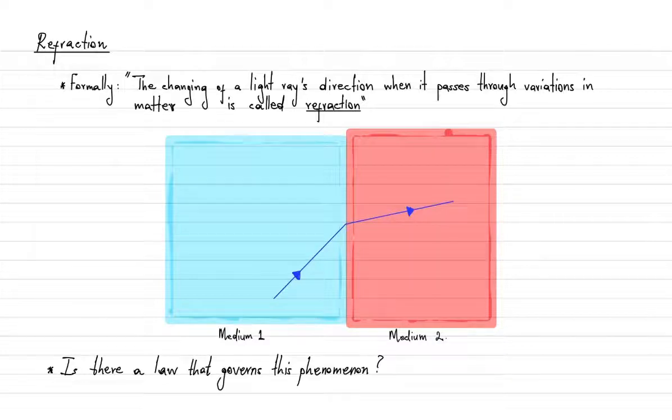Some people refer to refraction as a bending of light. That's not preferred because this is also a bending of light. That's a curved kind of a bending. It's better to refer to refraction as a change in the direction of a light ray.